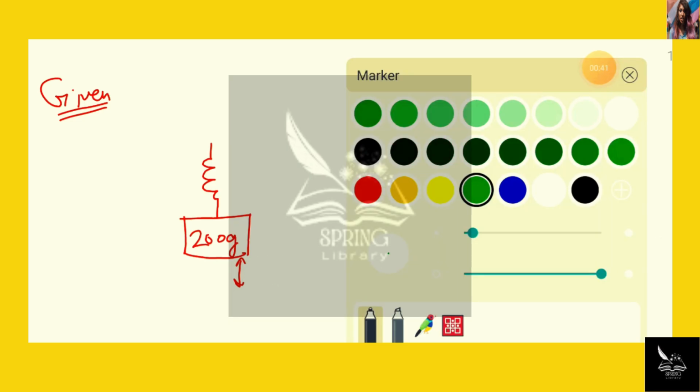You can see that I have written the value here: after stretching, the spring goes downward due to this block. So consider that at this position the block is now present.